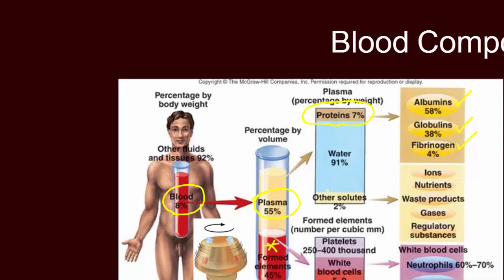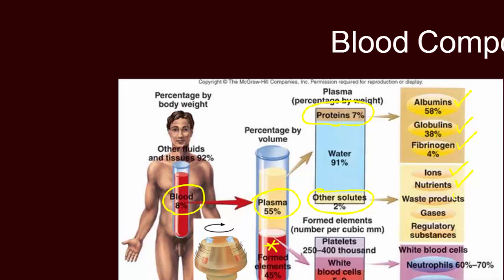And 2% of that plasma is going to be other dissolved solutes. Here are a couple of examples. Some ions, things like potassium, calcium, chloride, and sodium. Nutrients, things like glucose, amino acids, and fatty acids, delivering nutrients to cells so they can make energy.